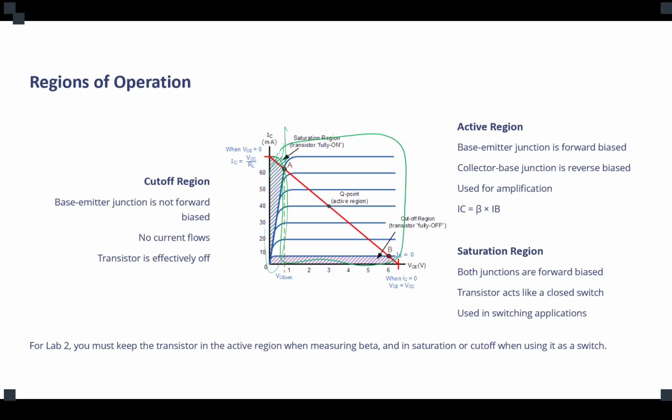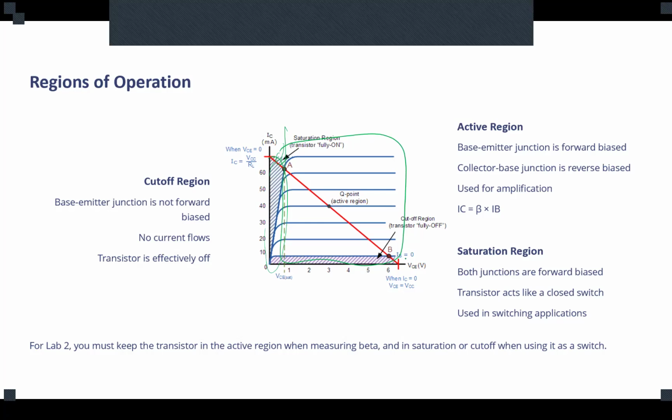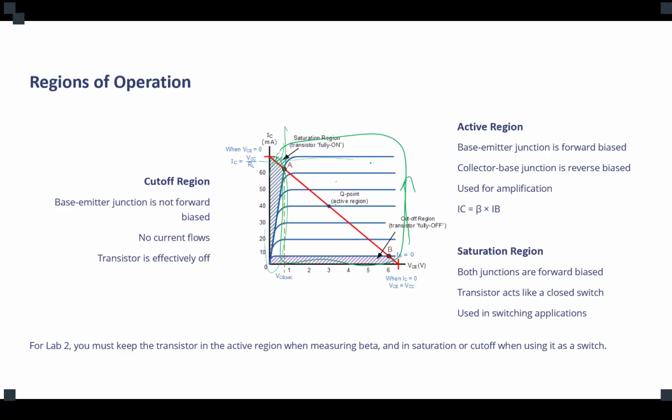So for higher and higher base current, you would see an increase in the collector current. Are we good? Any question about that? No? Okay.